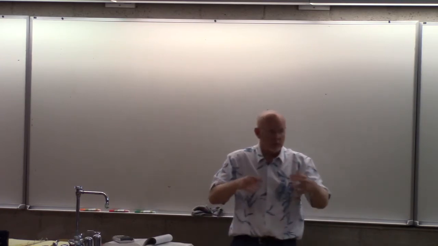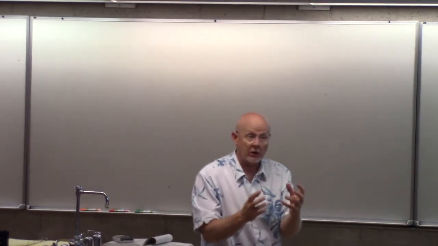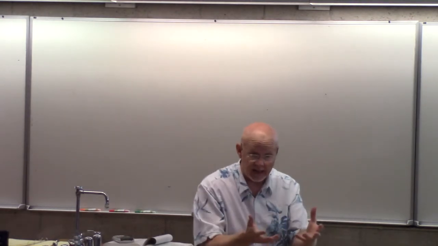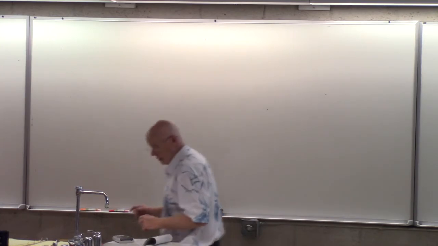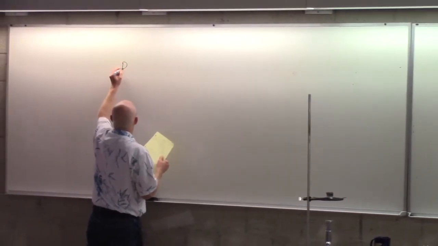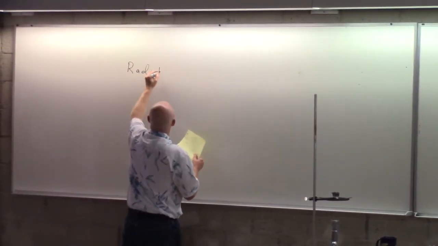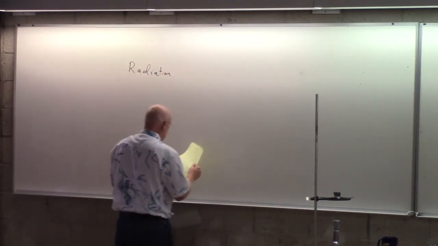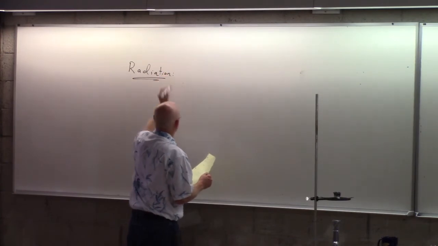Anything that radiates, anything that gives off what we're going to call here electromagnetic or thermal radiation is our definition of radiation. And we're going to study this a lot more coming up. And so we really haven't studied much of it, and that's why I say this one's a little bit harder, I think, to comprehend.